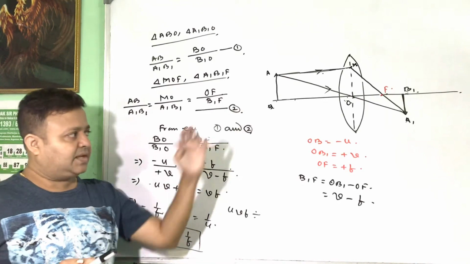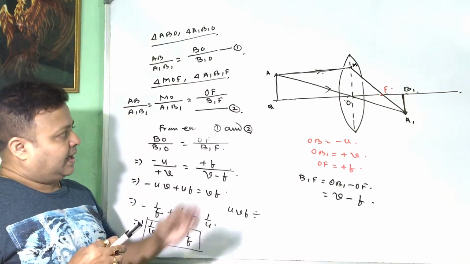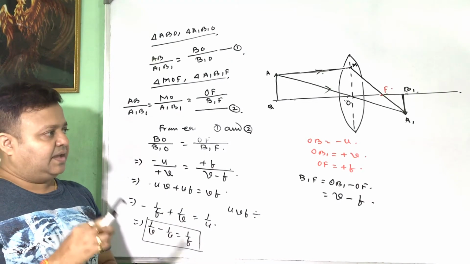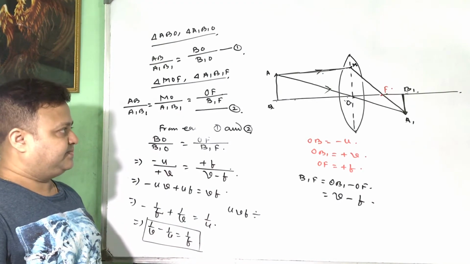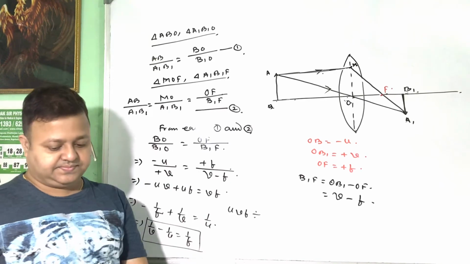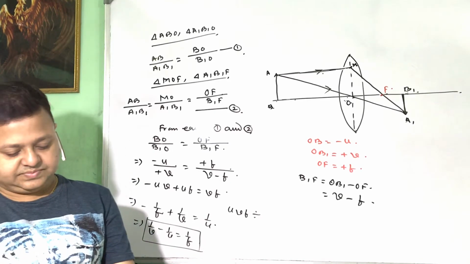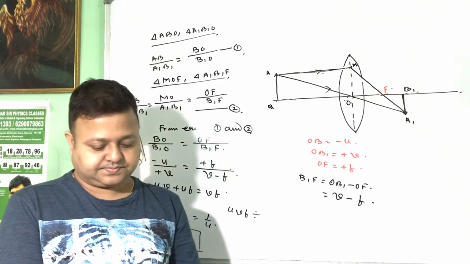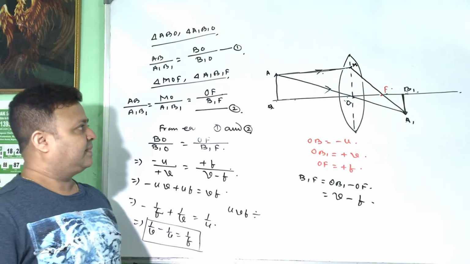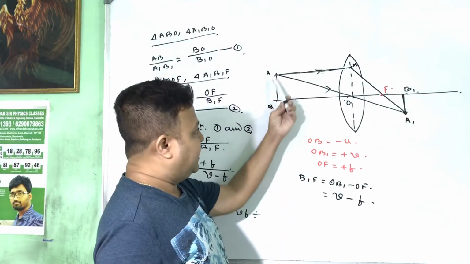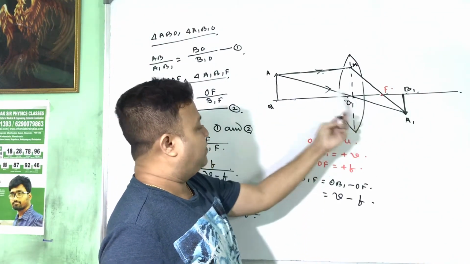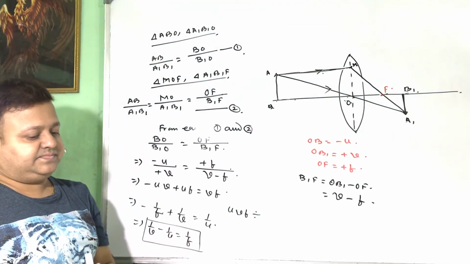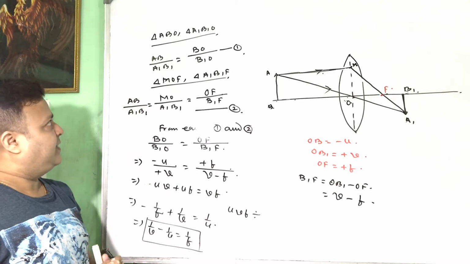Okay, that one. Here AB is the object and A1B1 is the image and F is the focus. এটুকুনি লিখে রাখা। Then from similar triangles ABO and A1B1O.